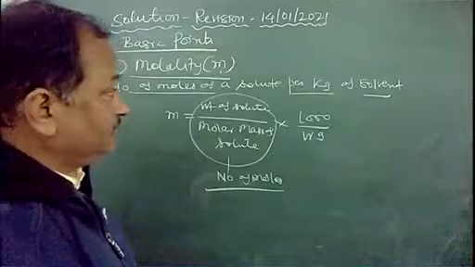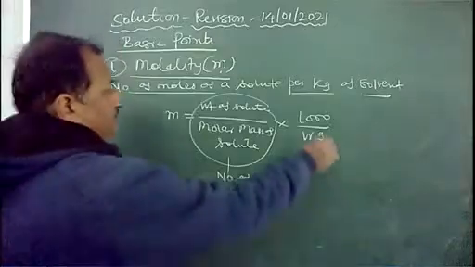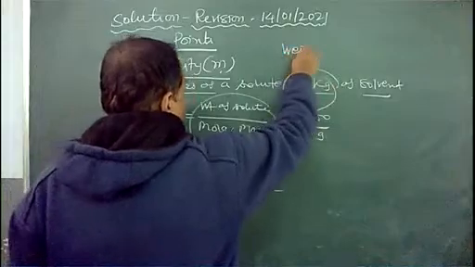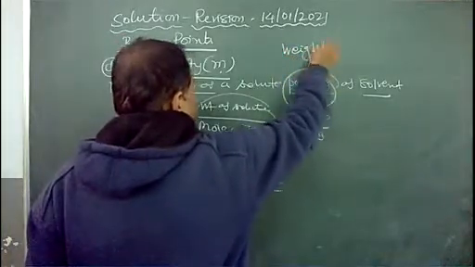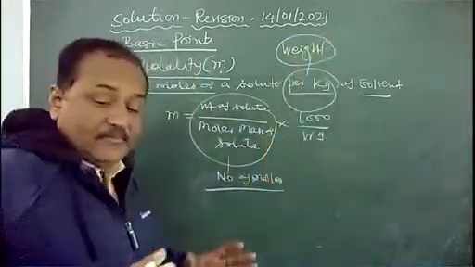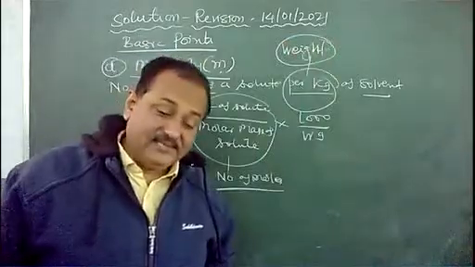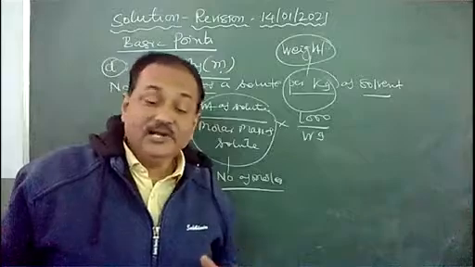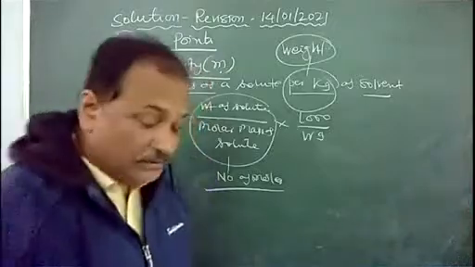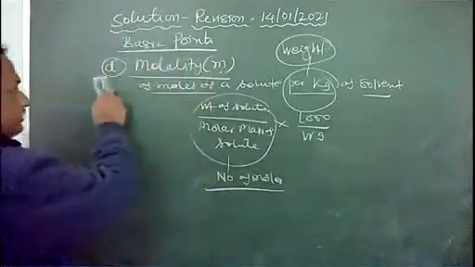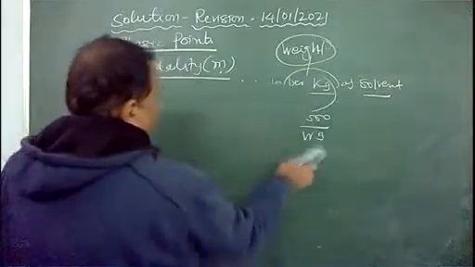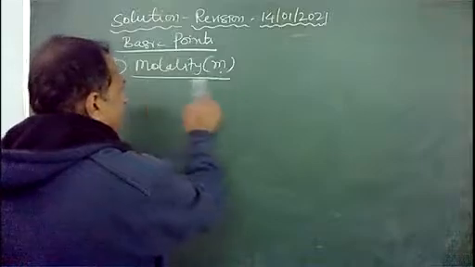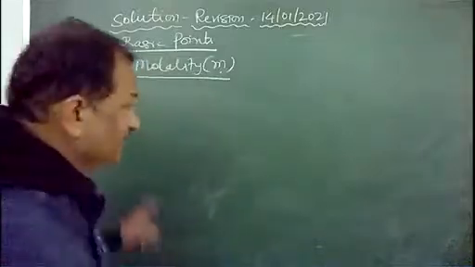It is not affected because here we take the mass in kg, and the mass of a substance is not variable with temperature. So between molarity and molality, molality is the best way.